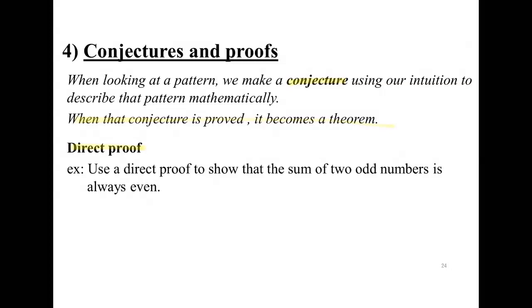We go back to the definition of an odd number. An odd number is simply an integer that you cannot divide by 2. What does it mean that you cannot divide it by 2? It means that whenever you take that integer and divide it by 2, you always end up with a remainder equal to 1 when it's an odd number.